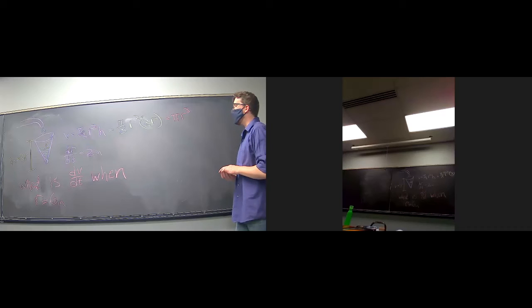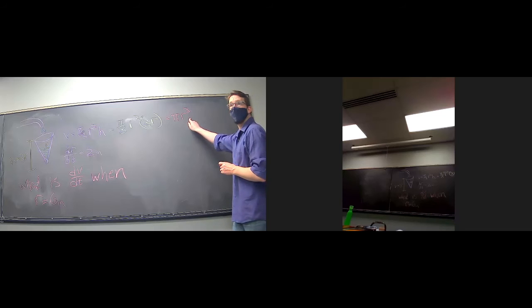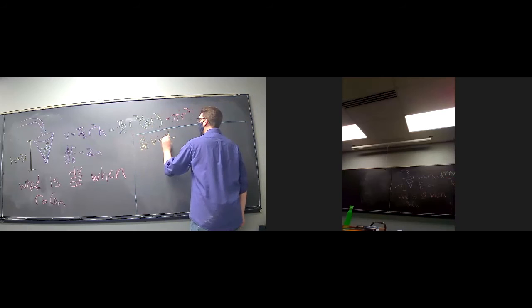Okay, now we want to find out what dV/dt is. In order to find it, we're going to have to apply the chain rule here. We're going to take d/dt of V, which is equal to d/dt of pi r cubed.